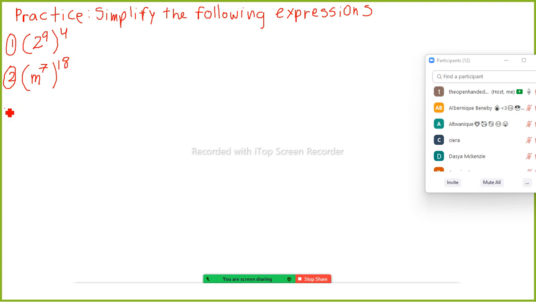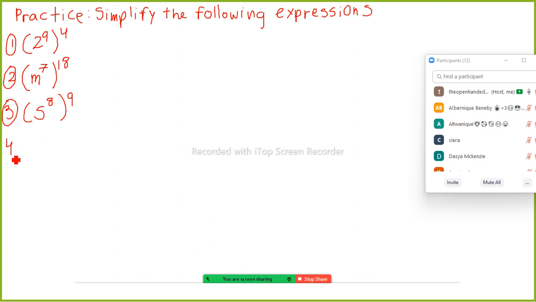Number 3, if we have s to the power of 8, all raised to the power of 9.